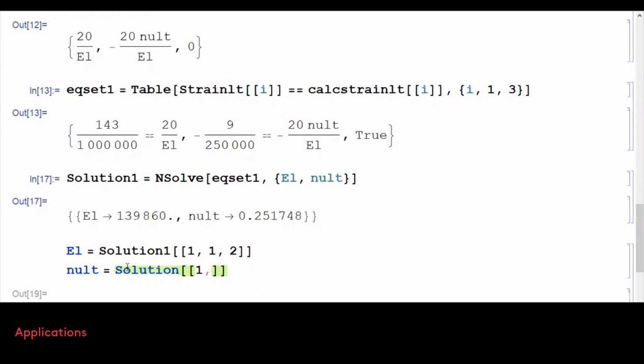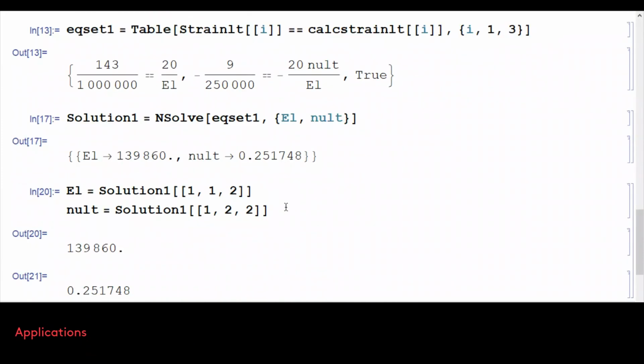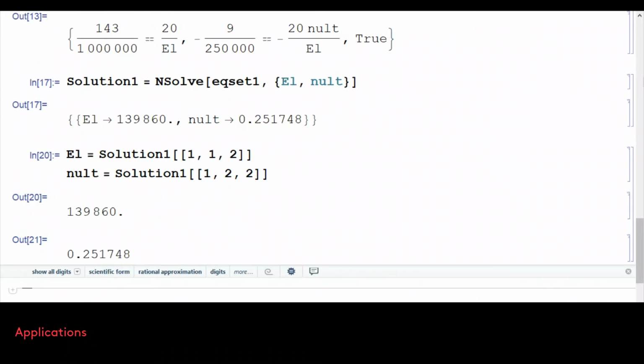Now this is my second element, so this is 1, 2, and I will get the second element of the expression, and this is solution 1. Okay, I assigned the values for the longitudinal modulus and the Poisson ratio now. I will continue with the off-axis measurements.